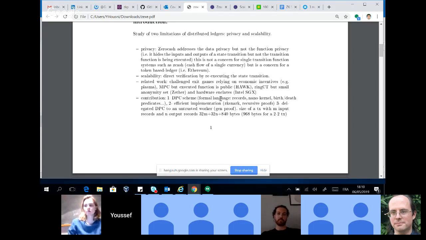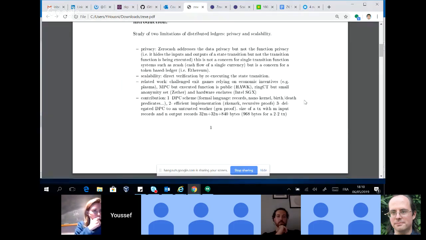About ZEXE, the contribution goes this way. They have introduced a new cryptographic primitive called DPC, decentralized private computation. In the first part of the paper, they establish a formal language of ZEXE: records, nano-kernel, birth, death, predicates. Second, they have an implementation strategy, with a lot of contributions in this regard: zk-SNARKs, recursive composition of proofs, and the delegated DPC.